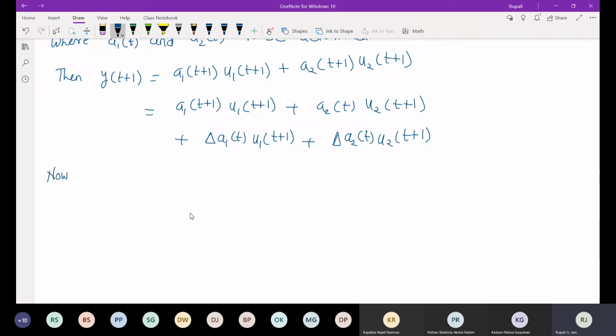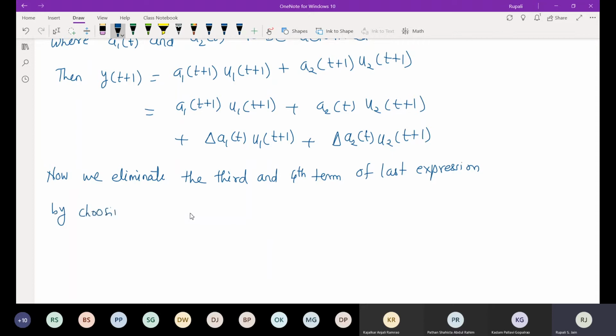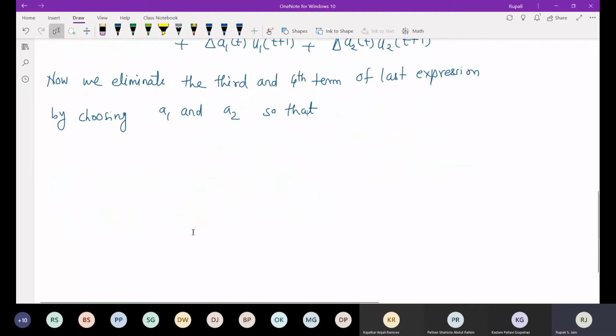Now we eliminate the third and fourth term of the last expression by choosing A1 and A2 so that this last term will become 0.